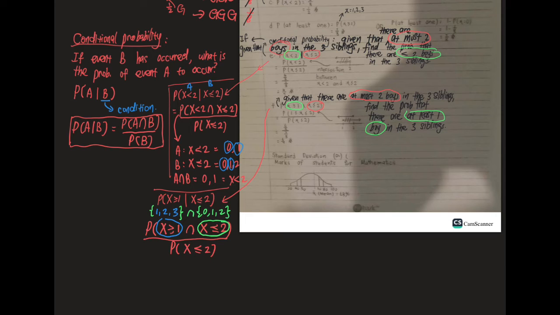So let's see in between these two sets, the common ones are 1, 2. Cannot take 0 because 0 is here but not here. Cannot take 3 because 3 is here but not here. We can only take the one that happens on both of the sets. So 1 and 2 only.